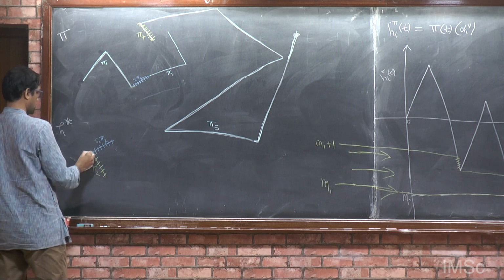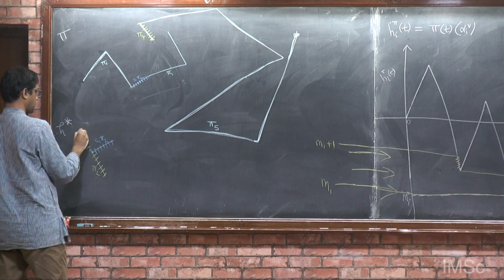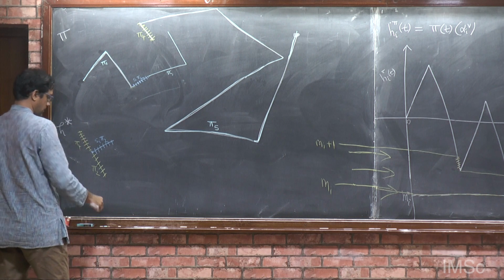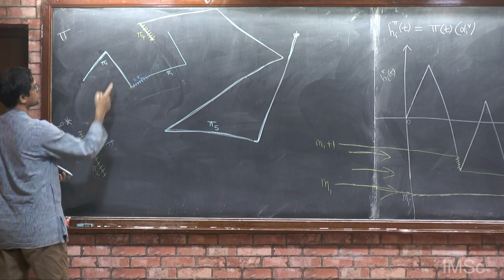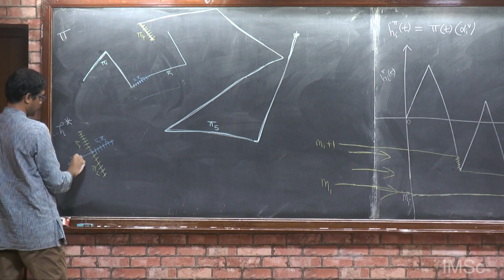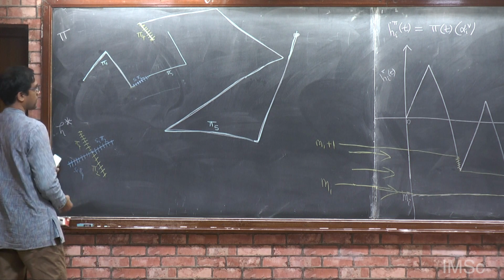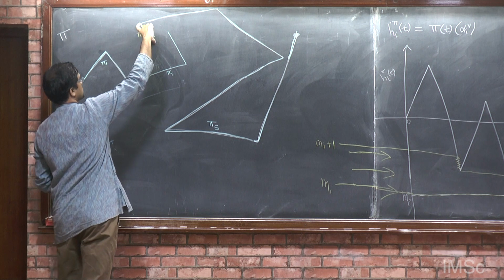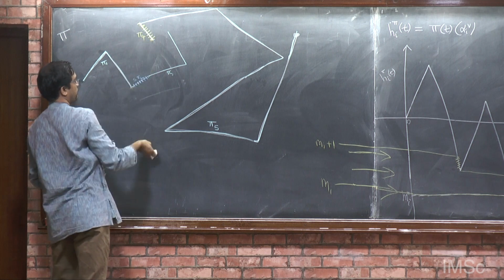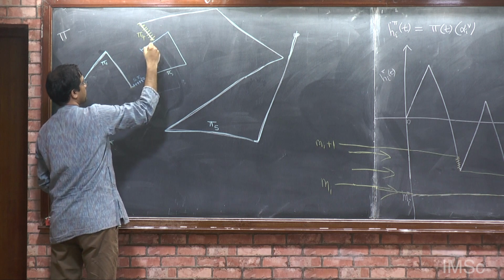So pi 4, let's say, is this path starting at the origin, and the reflection of pi 4 along Si may be something else. Let's say it reflects to this. Let's say this is Si of pi 4. Which means I should replace this pi 4 by this Si pi 4, but beginning from this point. So this is my Si pi 4.